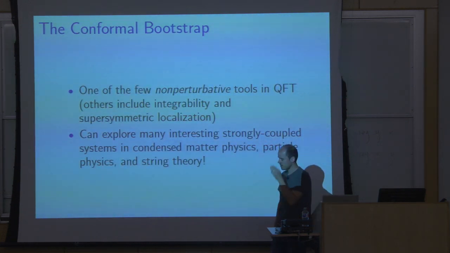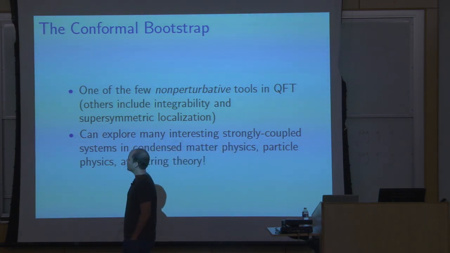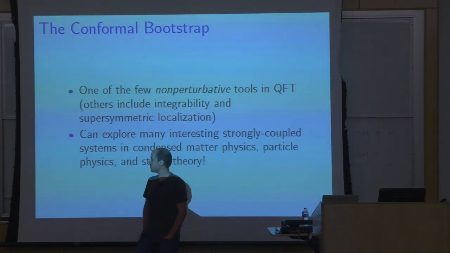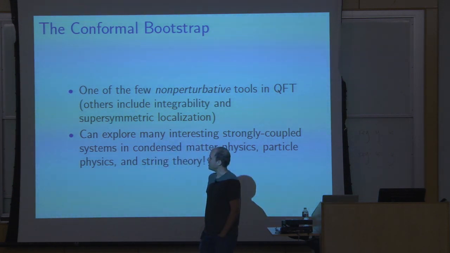So basically, over this last decade, the conformal bootstrap has turned into one of the few non-perturbative tools that we have in quantum field theory that works to give us rigorous results about strongly coupled theories. It relies on a different set of assumptions than other tools.